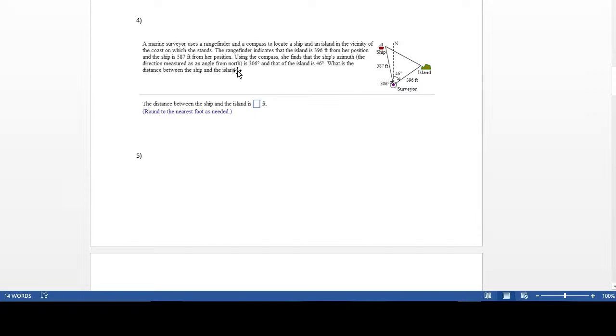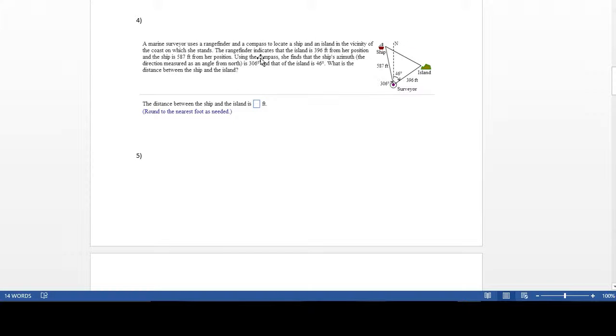So why does it have the 306 degrees and then the 46? I'm thinking that the compass is using how many degrees from due north, but the ship is to the west of due north, right? So the angle between the two actual lines should be 54 degrees. I think the teacher's doing that to try to throw you off.